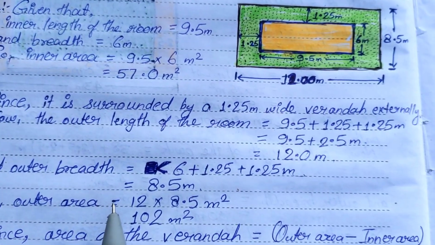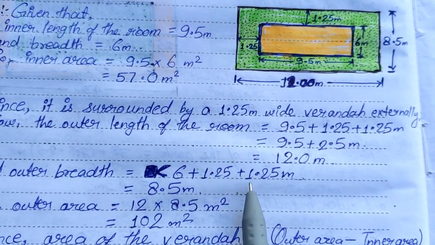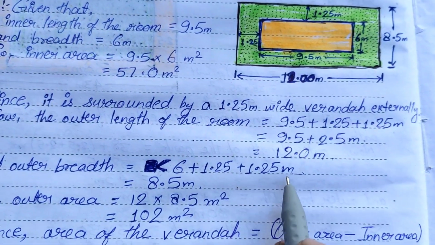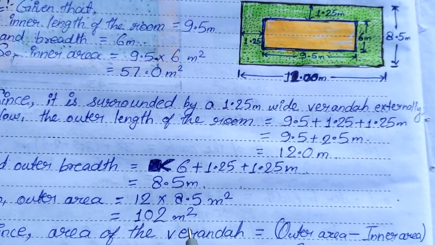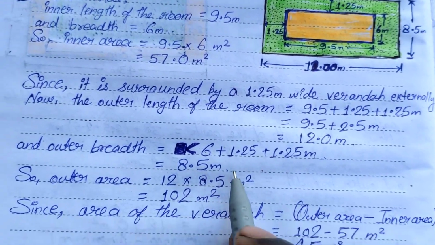Same goes for breadth, inner breadth, 1.25 meter upper side, 1.25 meter lower side, add all the distance, we have the outer breadth, that is 8.5 meter.